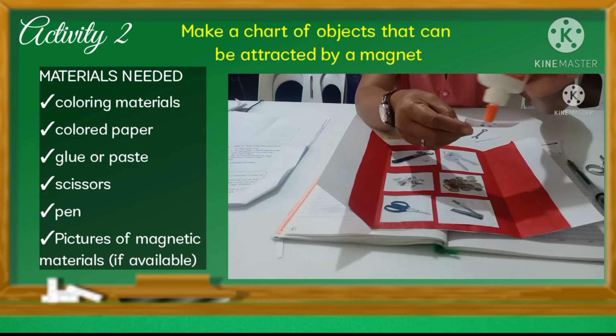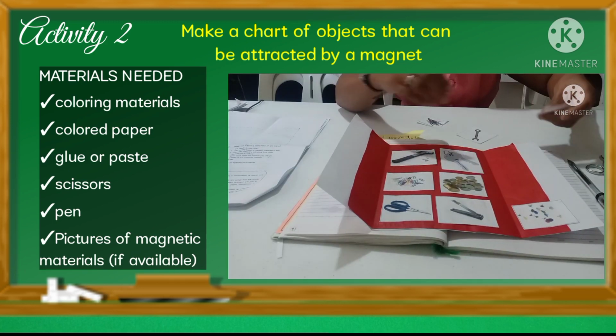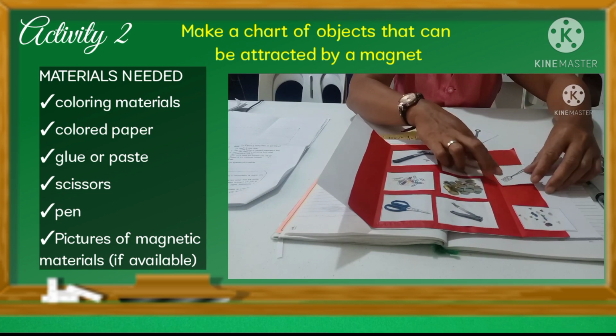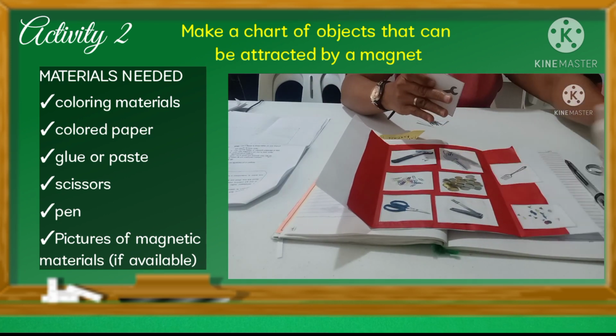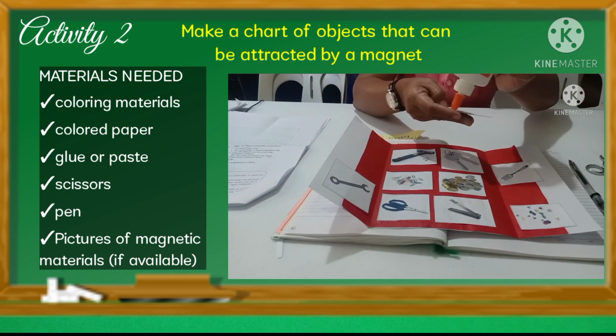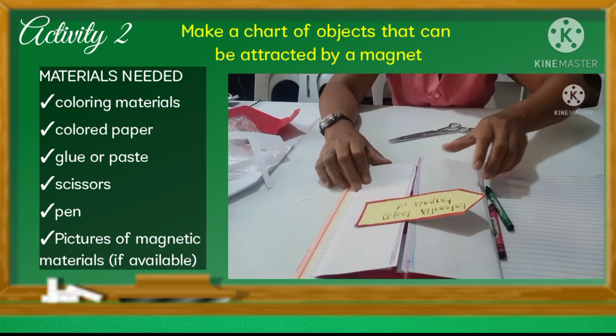Use colored paper or coloring materials to add the design of your chart. You should also use another piece of bond paper for this activity. Then glue or paste it on the right side of your ISN to serve as your output for this module.